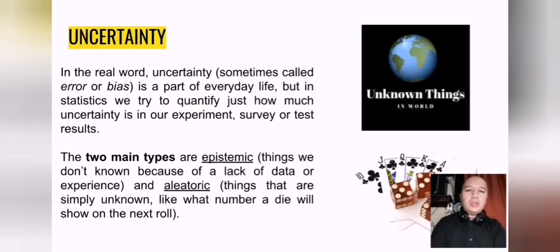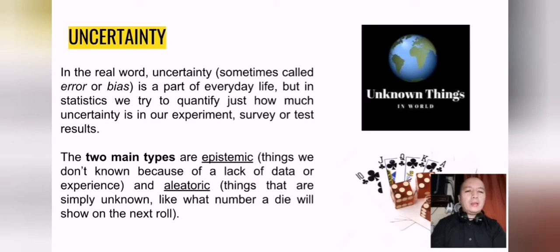In the real world, uncertainty, sometimes called error or bias in statistics, is a part of everyday life. But in statistics, we try to quantify just how much uncertainty is in our experiment. So we are trying to measure how much uncertainty there is, okay? And we can do that through survey or test results.